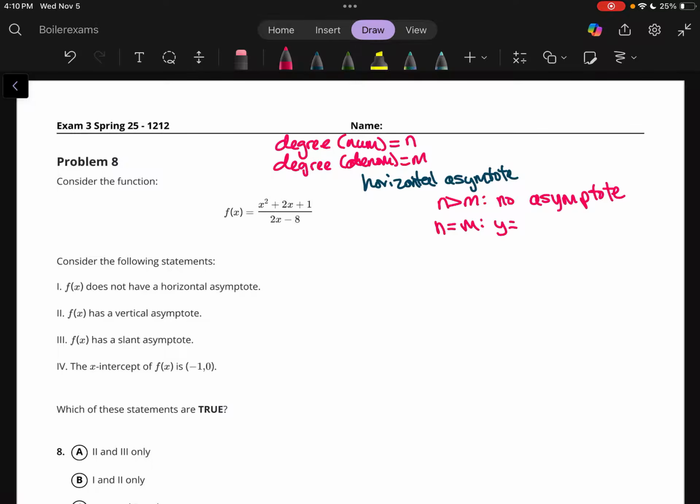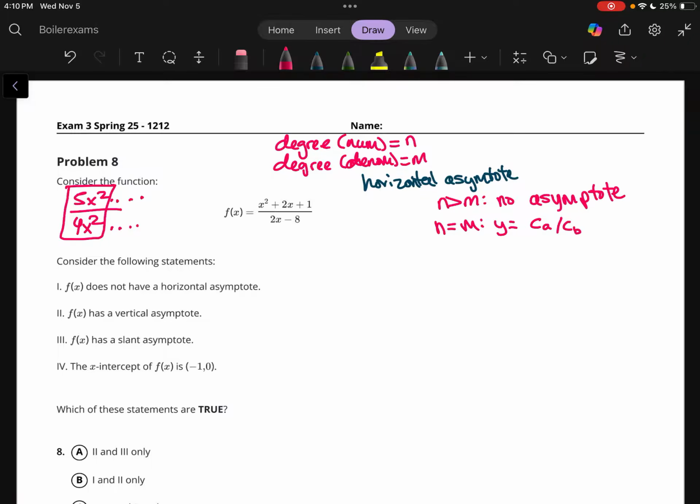That is equal to C_A divided by C_B, where the C's are the coefficients of the largest degree numerator term and the largest degree denominator term. So, for example, if you have something like 5x squared divided by 4x squared, with other stuff here, all you consider is the largest degree terms in the numerator and denominator.